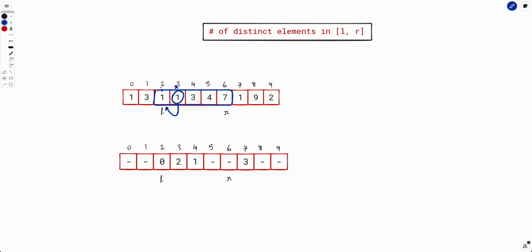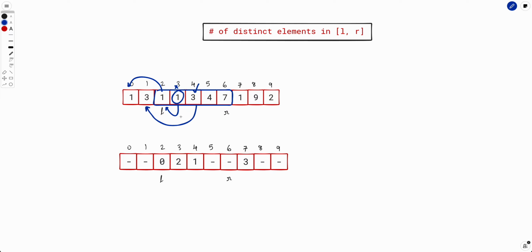Because the previous occurrence of this 1 is not in the current range L to R. Similarly, this 3 will be counted, because previous occurrences of this 3 is not in the range L to R. And similarly, this 4 will be counted because previous occurrence of 4 is not in this range, and the same with 7 as well. So if you see, we are not counting something if it occurs already in this range, right?